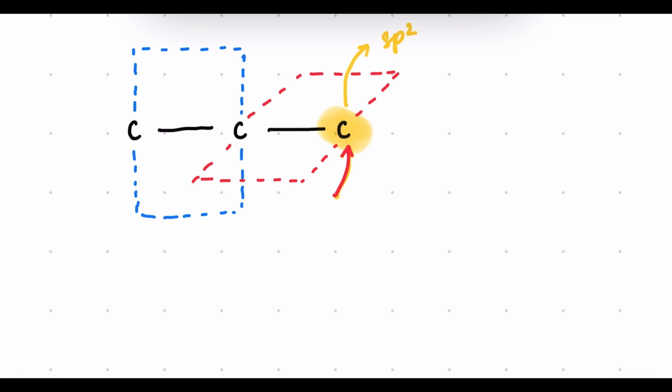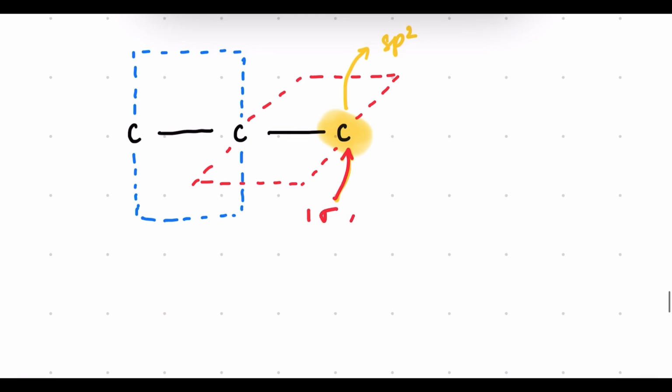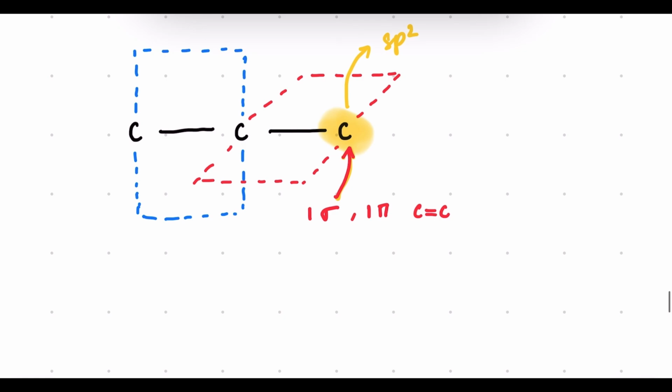So obviously between this carbon and this carbon, there are 2 bonds. One is a sigma bond, and 1 pi bond between the carbon and carbon. And the other 2 bonds are taken up as 2 sigma bonds between carbon and hydrogen.